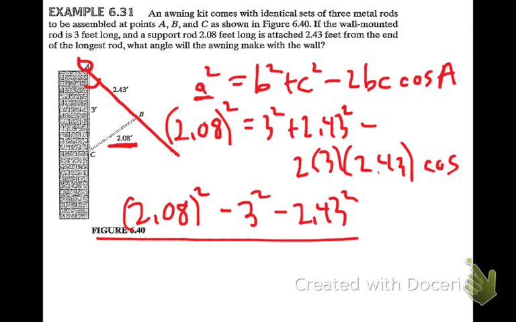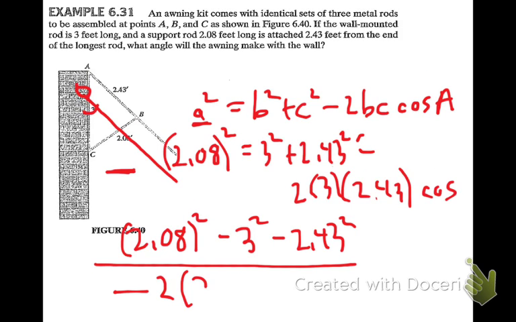Yes. 2 times 3 times 2.43. I asked that specifically because you have to divide it by the negative. Don't forget the negative. It's negative 2 times 3 times 2.43.